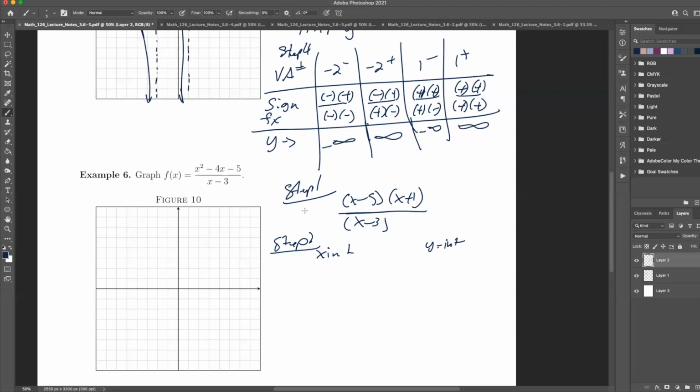All right, so our x-intercepts here are where the top part is 0. So it'd be at -1, 0, and then at 5, 0. So those are 2 intercepts. Our y-intercept is just -5 over -3, so that'd be 0, 5/3. Okay, so let's go ahead and plug those in.